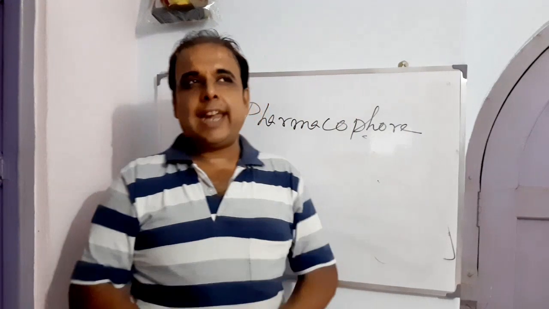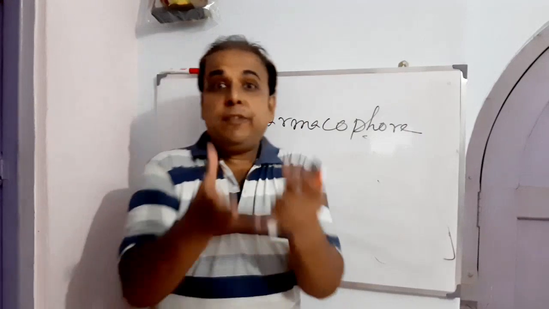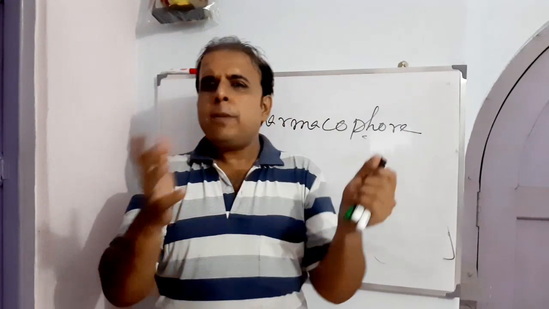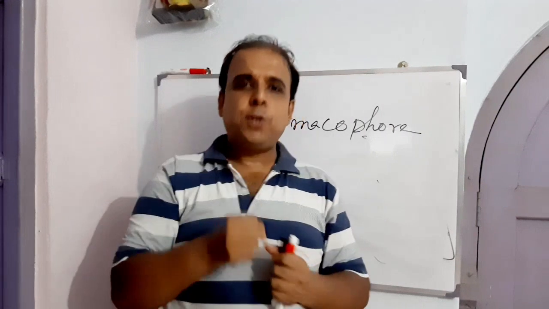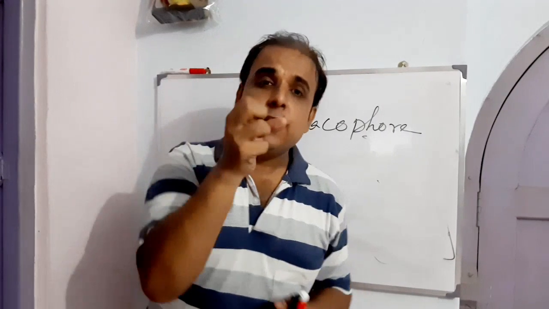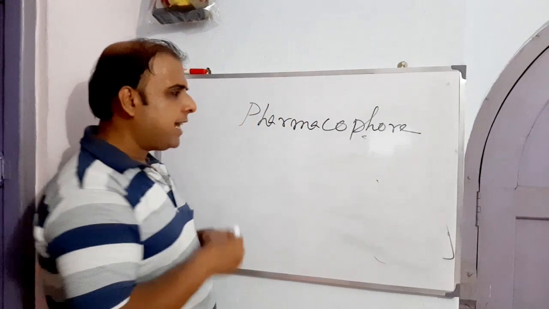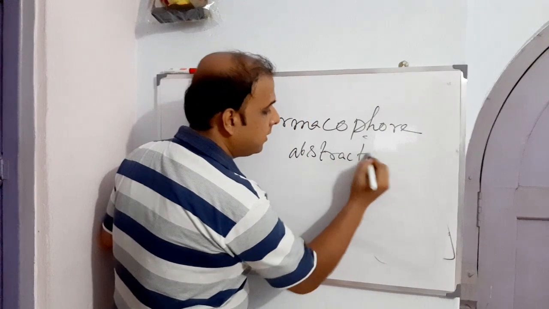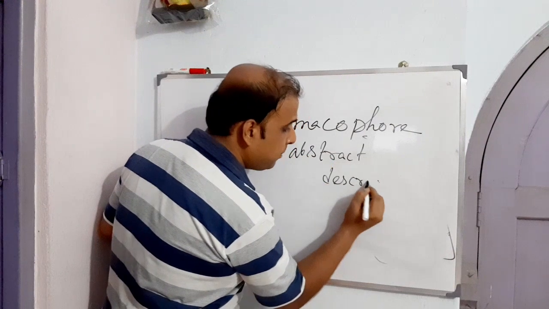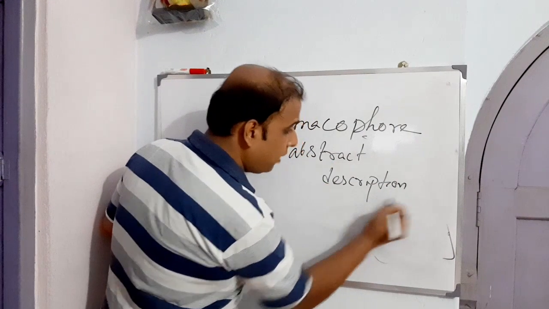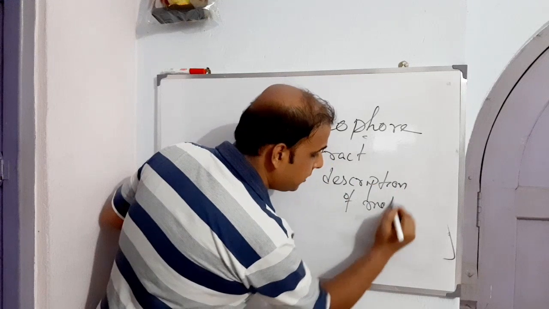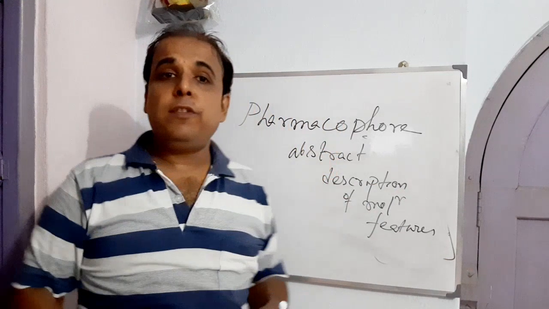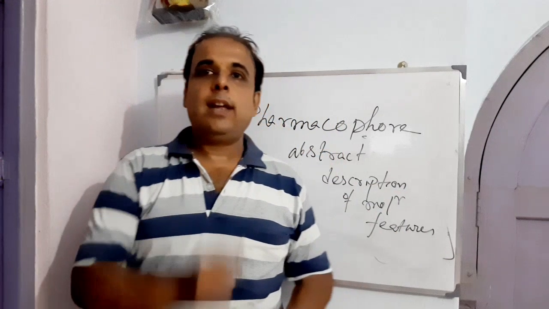Or we can say the key features can also be called an abstract description, a description of molecular features. As I told you, the important molecular features are electronic as well as steric.